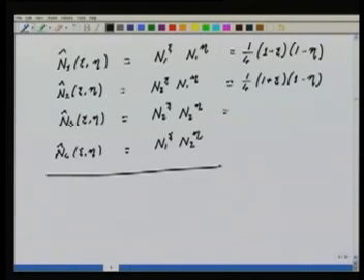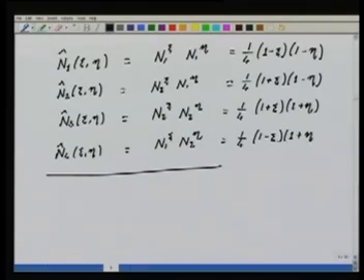This one will be 1/4 of 1 plus psi into 1 plus eta, and this will be 1/4 of 1 minus psi into 1 plus eta. So this way I can define the bilinear shape functions for the master element.